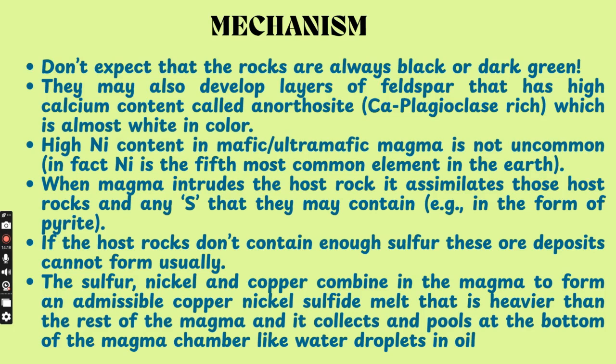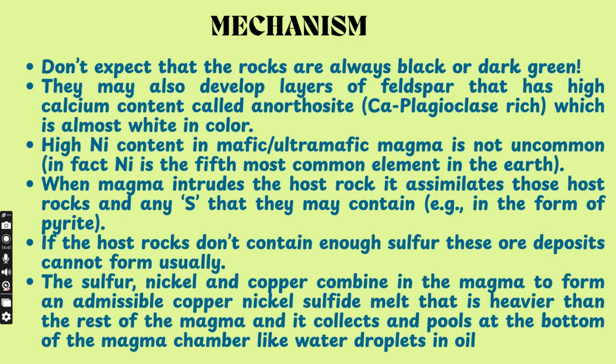When magma intrudes the host rock, it assimilates the host rock and any sulfur that it may contain, in the form of pyrite or chalcopyrite or whatever. If the host rock doesn't contain enough sulfur, these ore deposits usually cannot form. That is difficult.